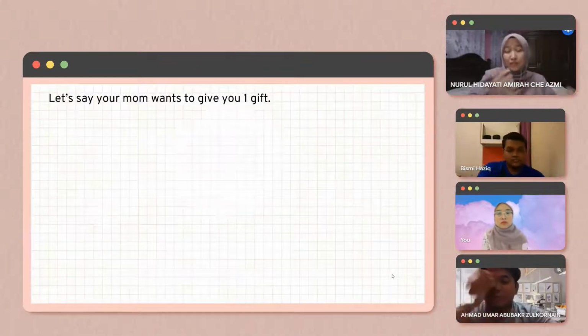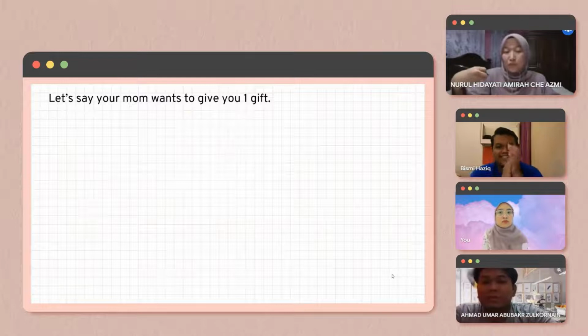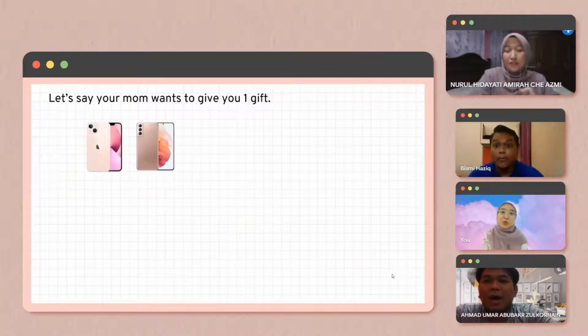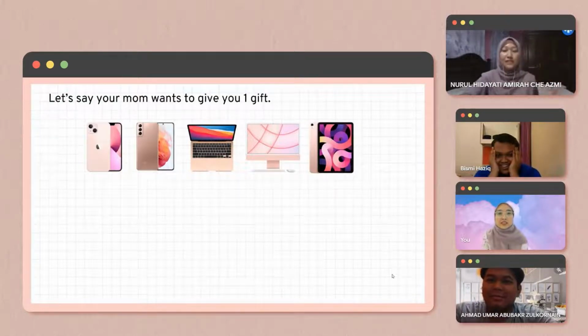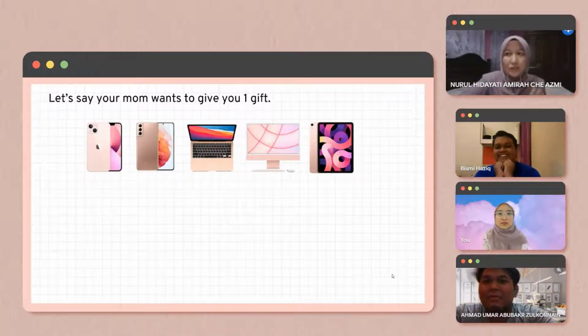Okay, we continue with our first objective, which is to investigate and make generalization about multiplication. Let's say today is your birthday and your mom wants to give you one gift, and you have several choices: the first one is iPhone, the second is Samsung, third laptop, fourth PC, and fifth tablet. You only need to choose one gift based on these 5 choices. So how many ways do you have to choose your gift? 5.